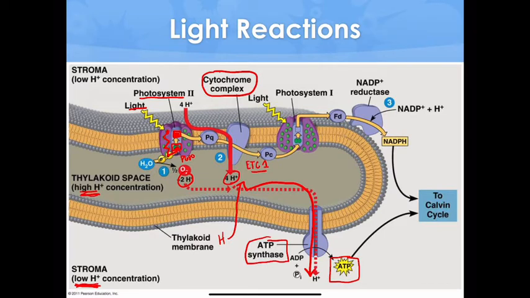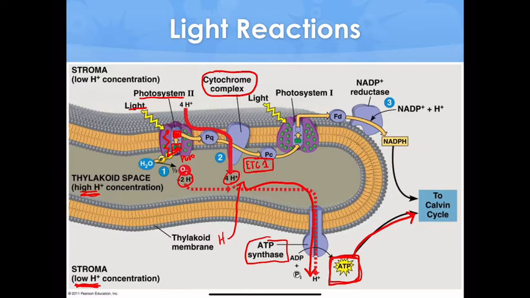And so that requires the energy from the electrons as they move down this first electron transport chain. All right. And then when they come back through ATP synthase, they will generate ATP. Now, this ATP is going to be fed into the Calvin cycle. The light reaction is the charger of the battery.